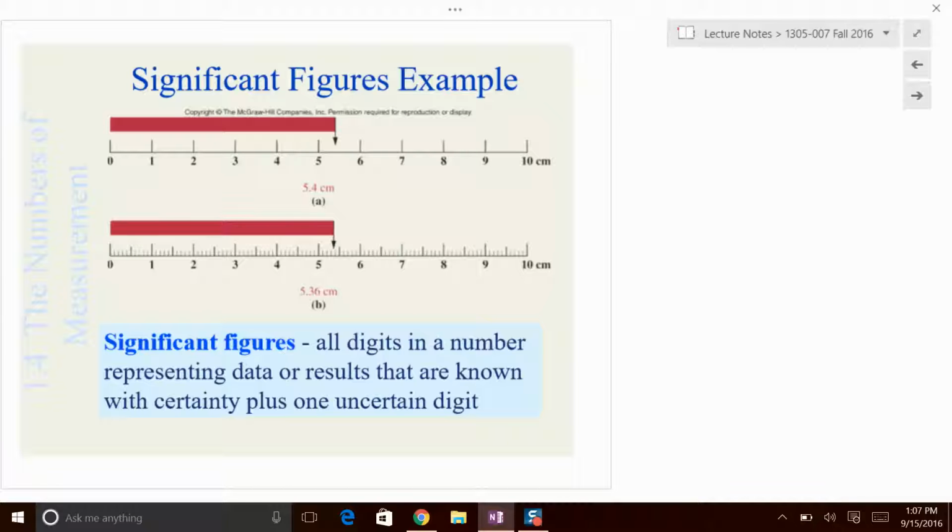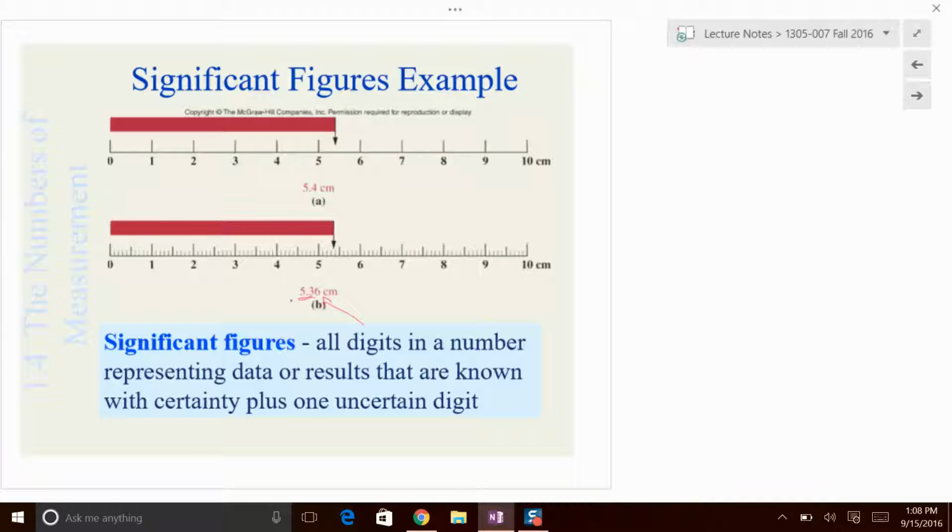It's between the 0.3 and the 0.4, so I'm going to say 5.36 or 5.37 or 5.35. It's a guess. You guys have to make that determination. That's the last significant digit, the last guessed digit. These other two digits, we didn't guess what they were. We know it's at least 5.3 something. So when I record significant digits, I have to do it all the way to the last guessed digit.